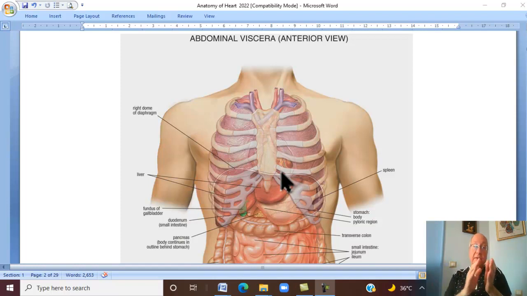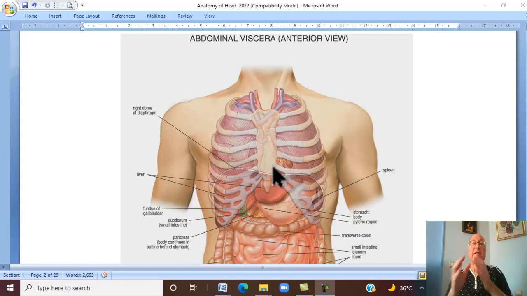About 1/3 of the heart only lies on the right side of the middle line, while 2/3 of the heart lies to the left side of the middle line.